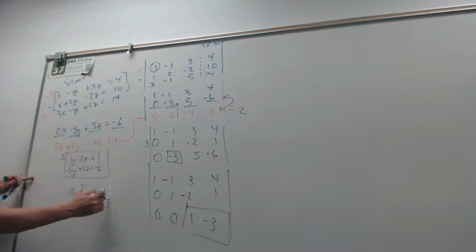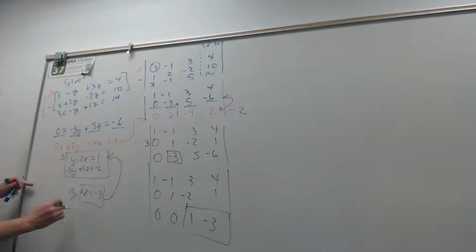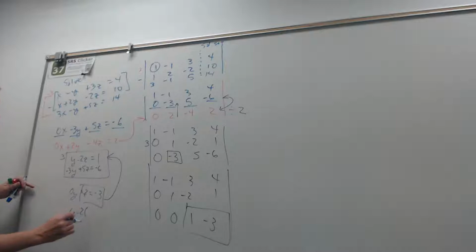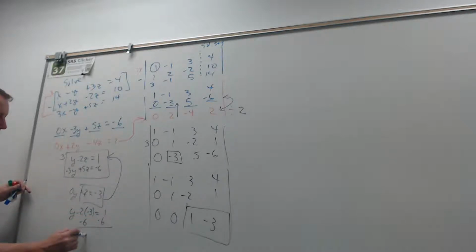I'd plug it probably back into this equation here, right? y minus 2 times -3 equals 1. -2 times -3? Not 5. Positive 6, right? So subtract 6, y equals -5. Is that what you meant? Yeah. You were just jumping ahead.